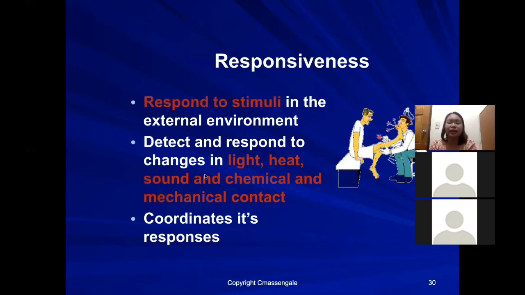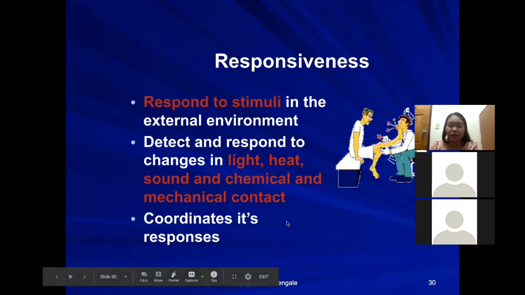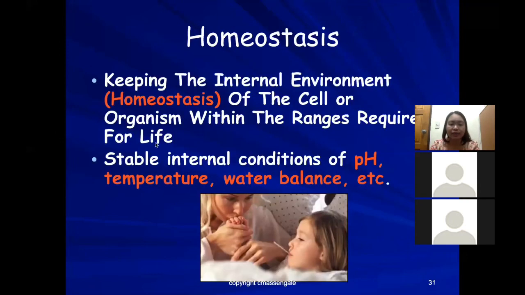And we can even detect and respond to changes in light, like darkness or so bright, heat, sound, and chemical and mechanical contact. Even smoke, we can notice, no? And we coordinate its responses. So that's how complex our body system is.